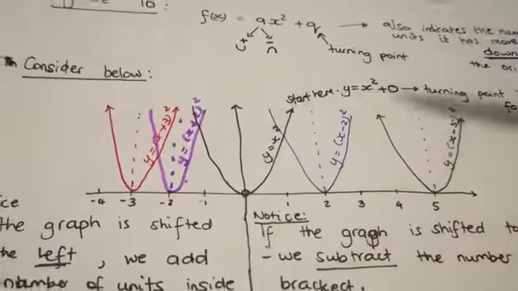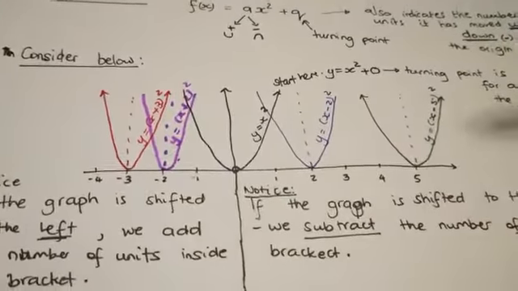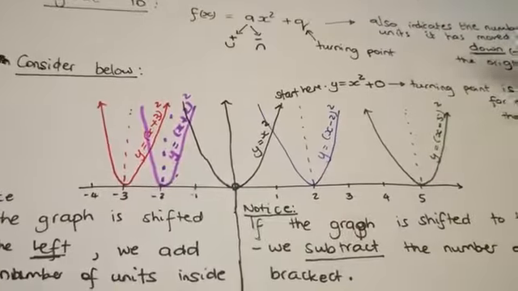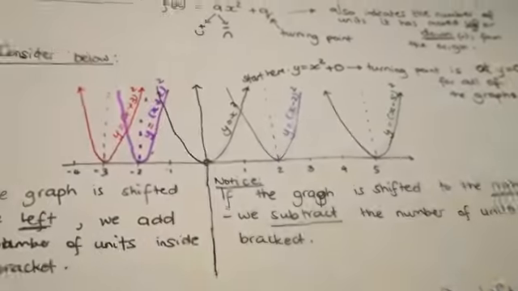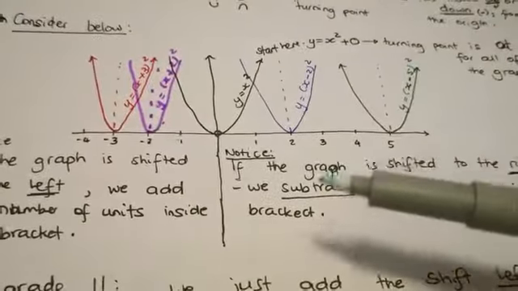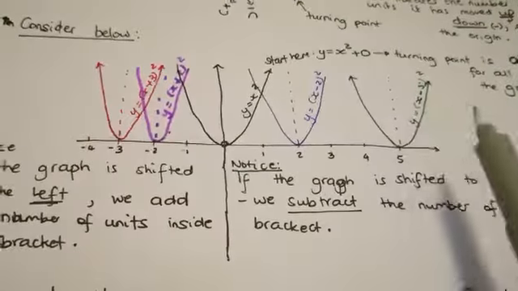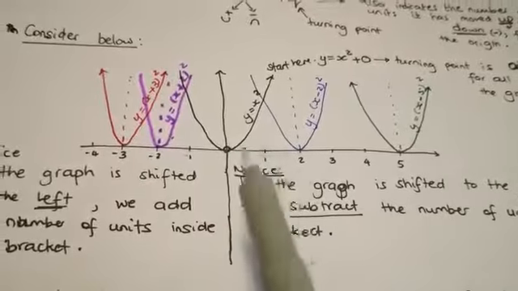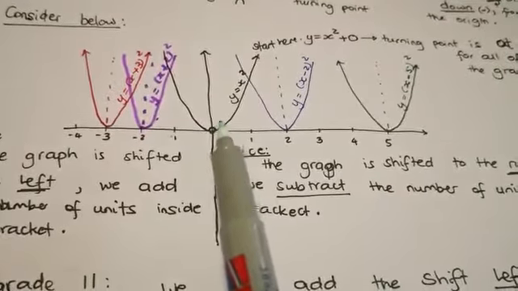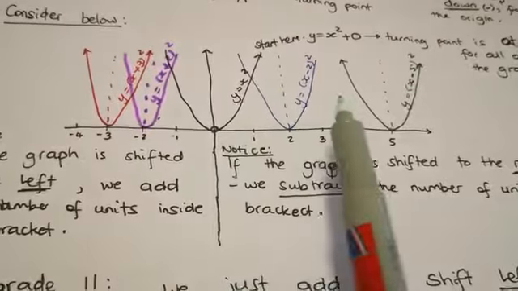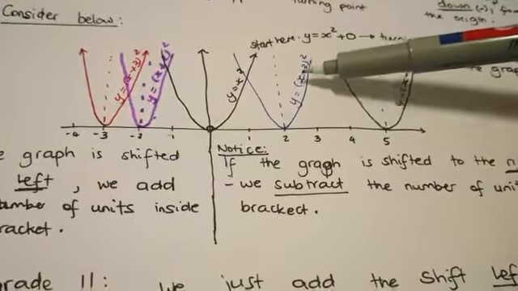I don't know if you noticed the pattern here. It would have been nice to do it on Desmos, but again, we can't do it because we are here. So the discovery that I see here is that if the graph has been shifted 2 units to the right, then it's going to be minus 2.